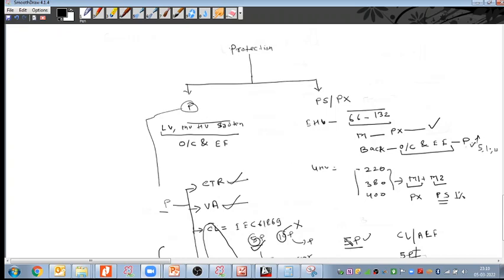You can now unmute. Type of the conductor that they can take. I don't think I know what the type of the conductors are. Yeah, because the type of conductor is different for protection and metering cores.